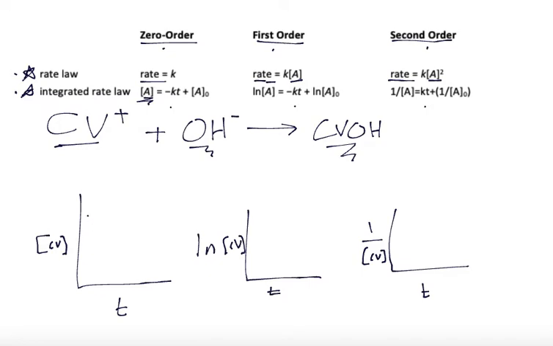So what you're going to see is several data points as we go through time on each of these graphs. And using LabQuest, we're going to construct a line of best fit, just like we did last week.